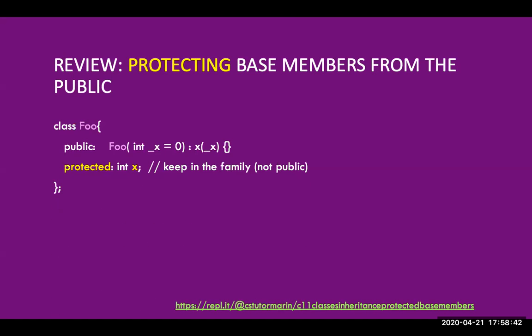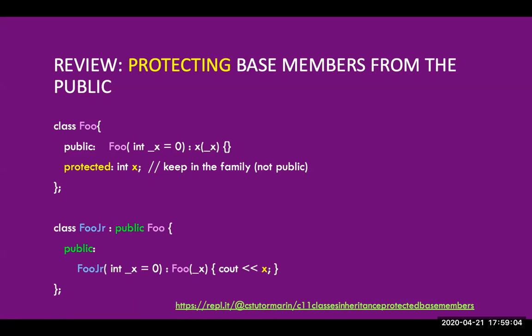So first off, we talked a little bit about some new classifiers in our base, or our grandparent, if you will. The base class here, Foo, can declare not only public, but it can declare something to be protected, which is somewhere between private and public. Protected means we're keeping it in the family.